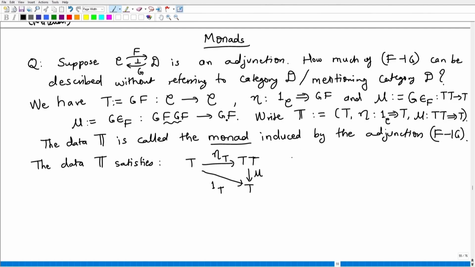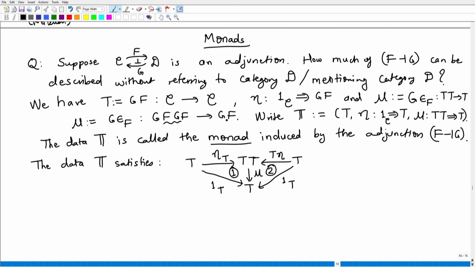Then another one is this, another horizontal composition, because there was another choice possible. So this diagram commutes, this diagram commutes, and we will label these two diagrams as 1 and 2. Can you understand what this first and second property is?